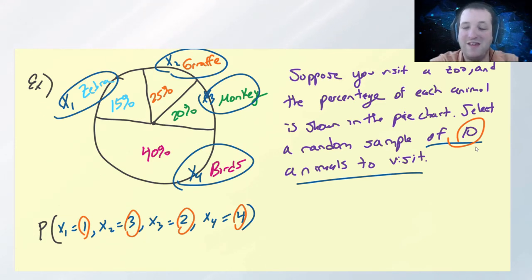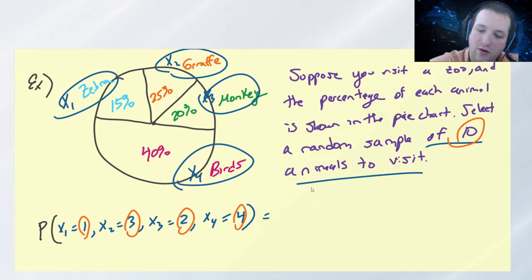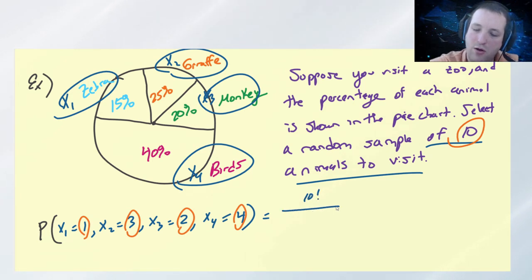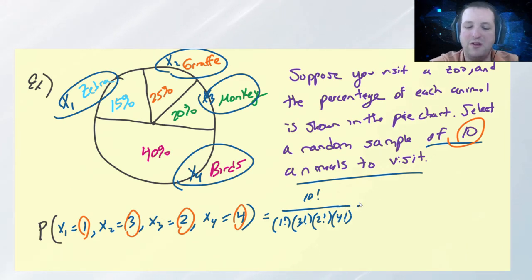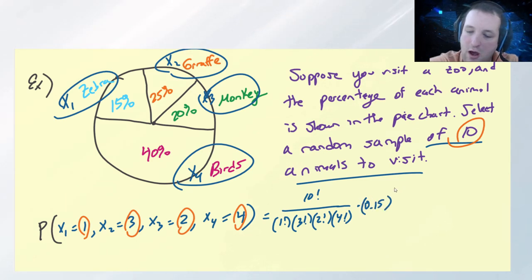So what is the probability that in my sample of 10, I get one zebra, 3 giraffes, 2 monkeys, and 4 birds in this zoo visit? This is going to be equal to what? We have our sample size factorial on the top, and then 1 factorial, 3 factorial, 2 factorial, 4 factorial on the bottom, and then our probabilities raised to each of these numbers. 15% of the zoo is going to be zebras, so it's going to be 0.15 to the power of 1.